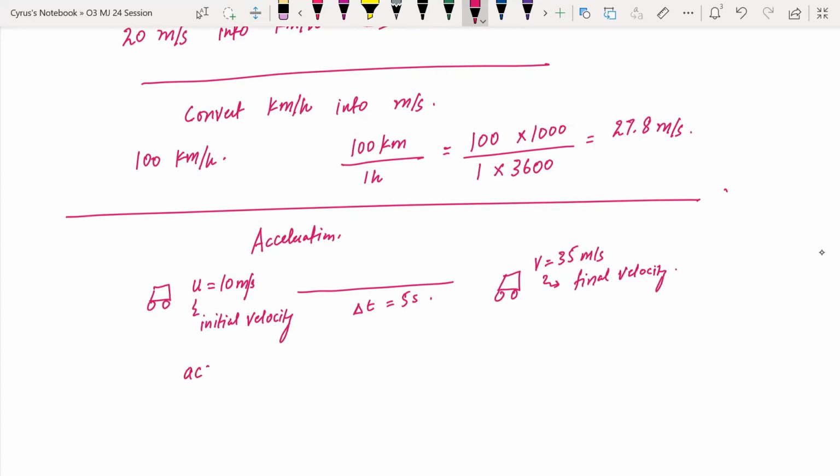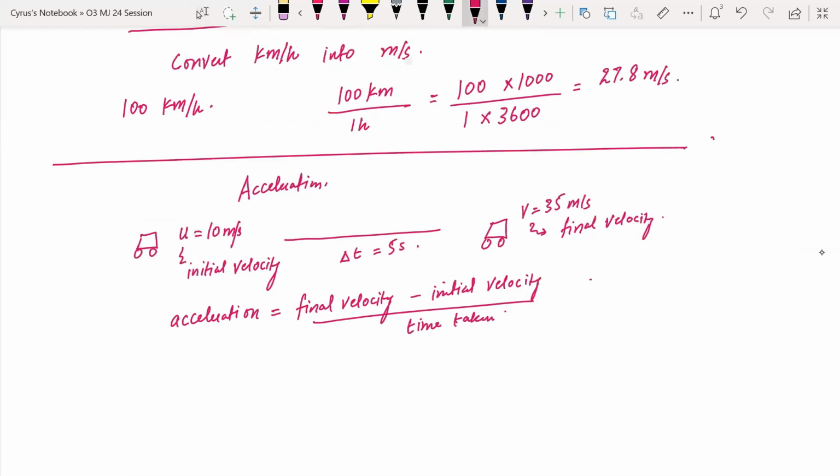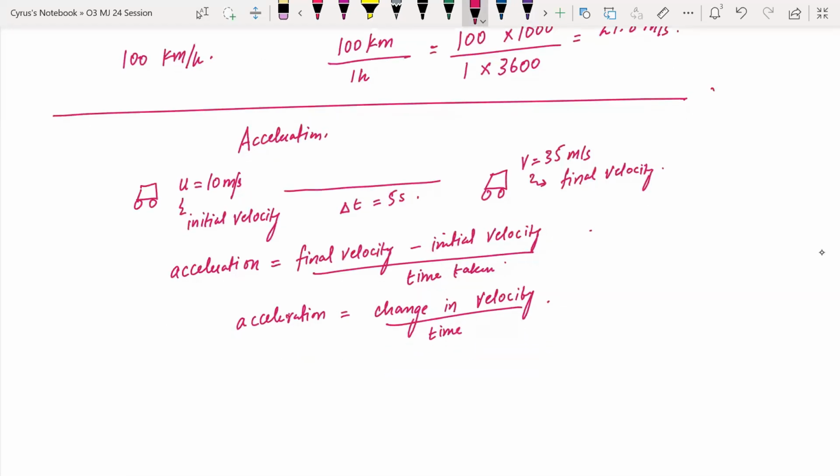So acceleration will be final velocity minus initial velocity over time interval. We sometimes write it as the change in velocity over time. You can also write it like this: a is equal to v minus u over delta t.